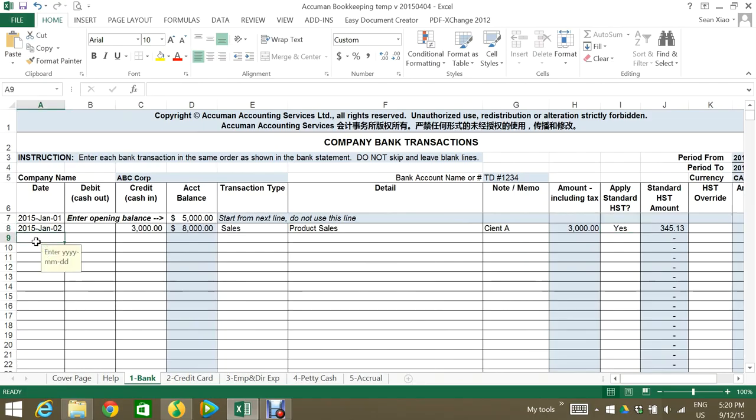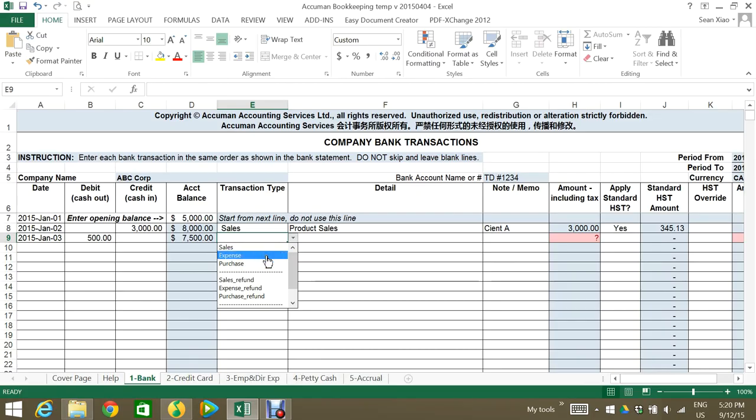Okay, then next day there's another transaction of say $500 being withdrawn from the bank, a cash out. So you have two choices of whether it's expense or purchase.